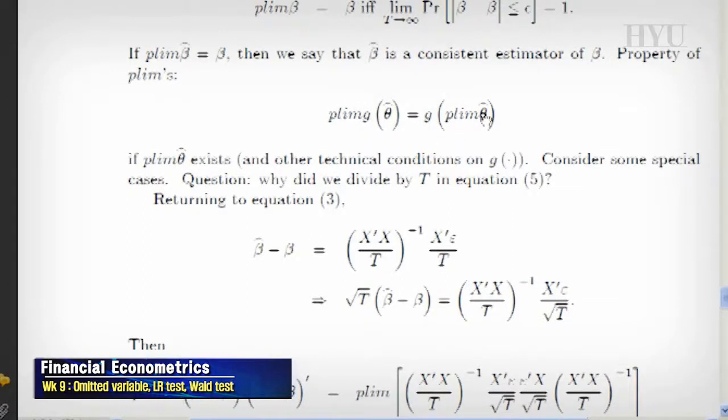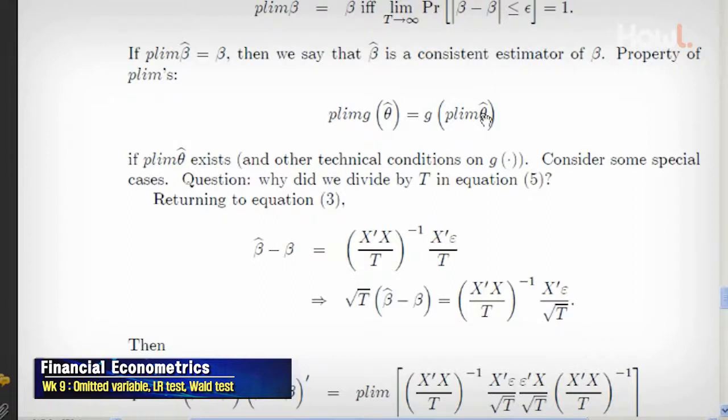The probability limit of g of theta hat is equal to g of the probability limit of theta hat, if the probability limit of theta hat exists. Of course, we need some regularity condition on g. For most of the interesting cases, this technical condition is satisfied and the probability limit will exist.